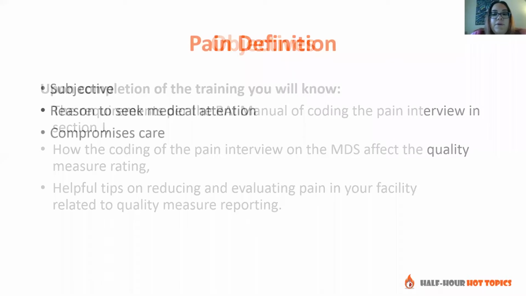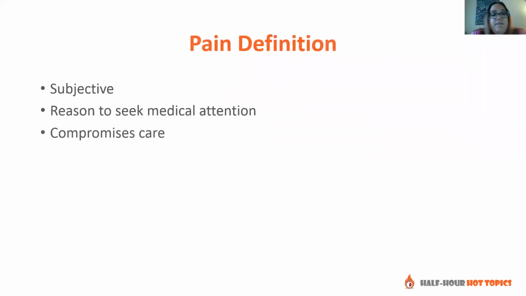So remember, when it comes to pain, it is subjective. It is a reason to seek medical attention, and it can compromise care. Pain is any type of physical pain or discomfort in any part of the body. It may be localized to one area or may be more generalized. It can also be acute or chronic, continuous or intermittent, or occur at rest or with movement.